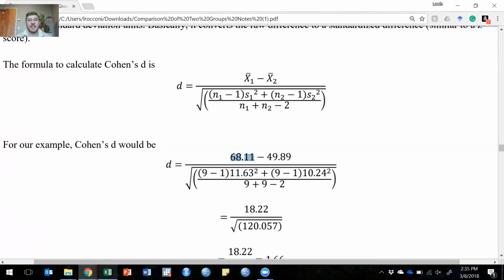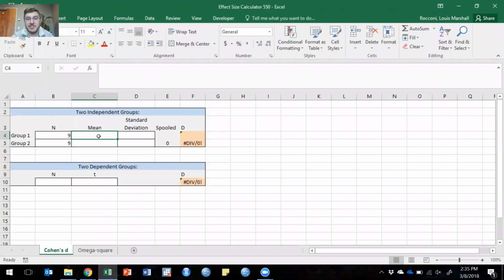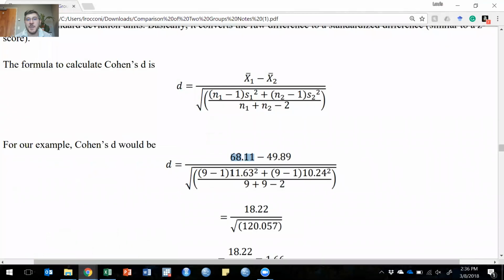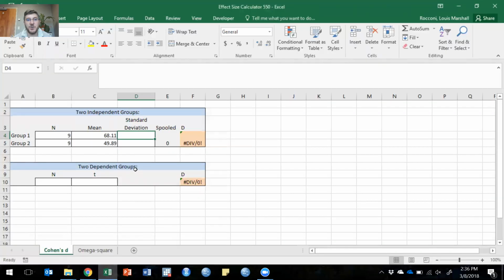The two sample means were 68.11 and 49.89, and the sample standard deviations are 11.63 and 10.24. And we get a Cohen's d of 1.66.